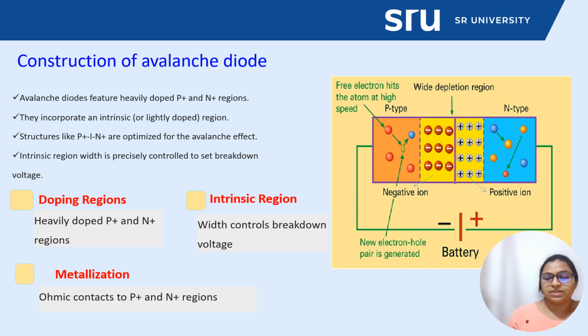As we discussed in the previous slides, its symbol is very similar to the Zener diode. Like a normal diode, it has two terminals, anode and cathode, but the bends at the ends of the bar are a bit vertical lines.